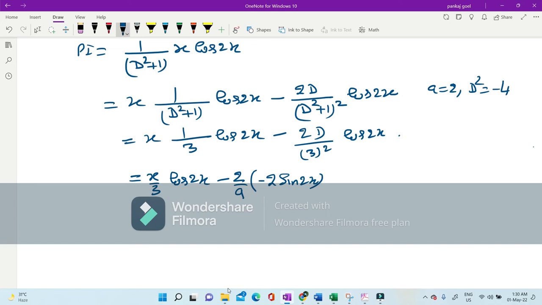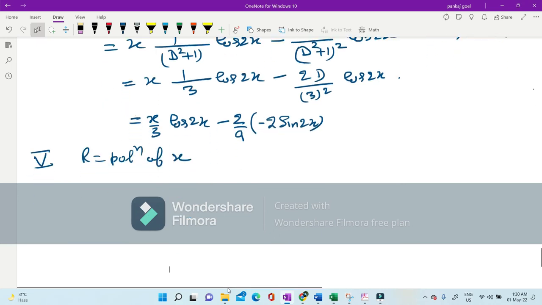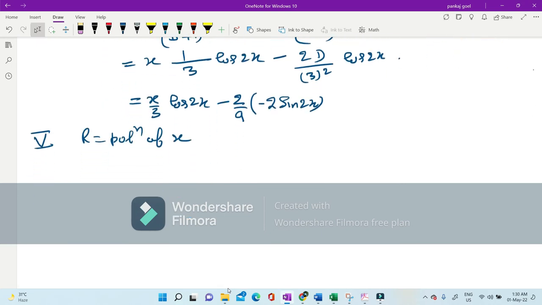Okay, rule number 5. In this rule number 5, if I say R is the polynomial of x, then you can apply this formula. In this case, we will write 1 upon f of D, polynomial of x.